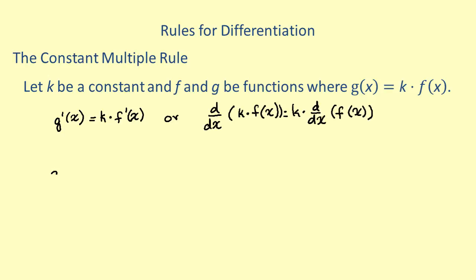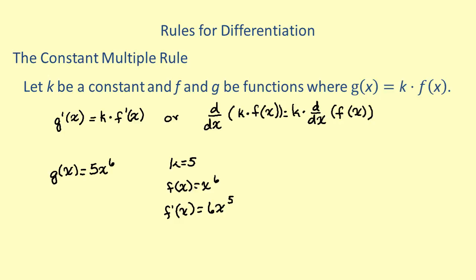Let's put the constant multiple rule to work and find the derivative of g of x equals 5 times x to the 6th. Start by finding k and f of x so we can use the rule. Here, k equals 5 and f of x equals x to the 6th. Using the power rule, we find that f prime of x is 6x to the 5th.